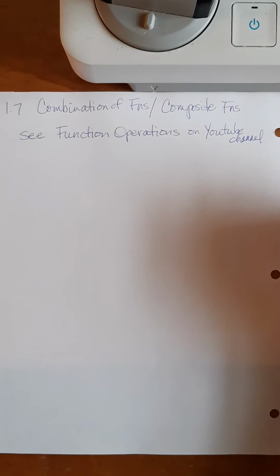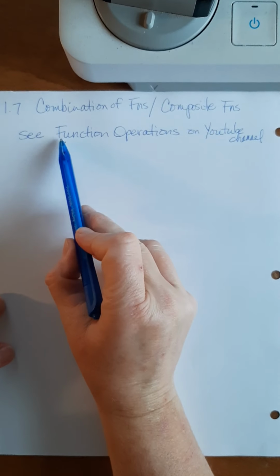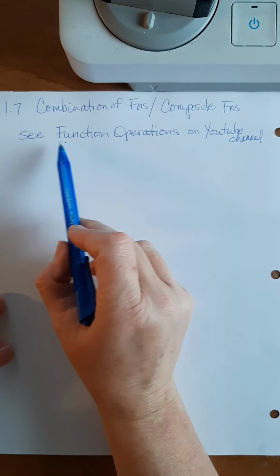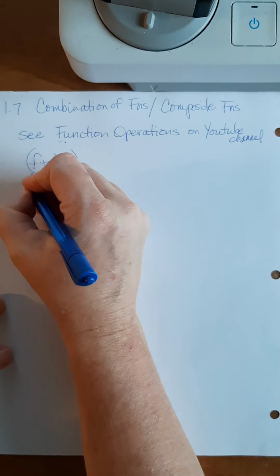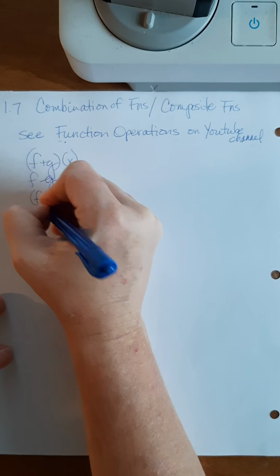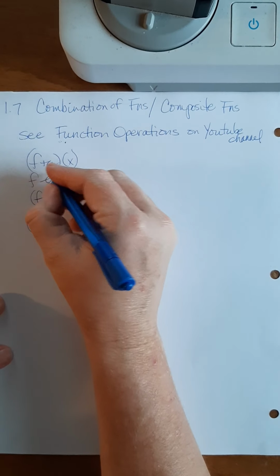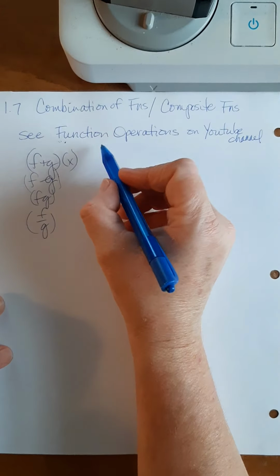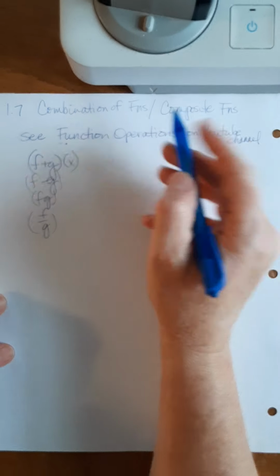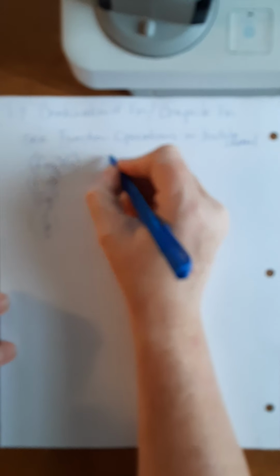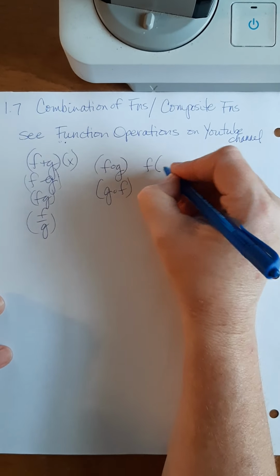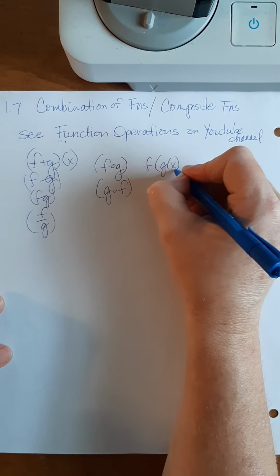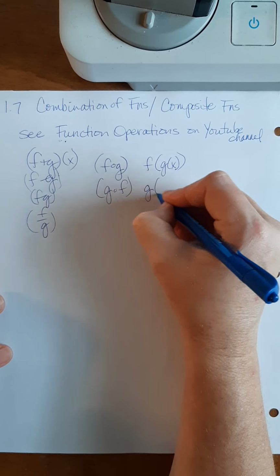1.7, combination of functions, composite functions. Now, if you look on my channel, I already have one that deals with finding f plus g of x, f minus g of x, f times g of x, f divided by g of x, and of course any combination of those, as well as composition functions, f of g and g of f, or some notation it looks like this, but same premise.